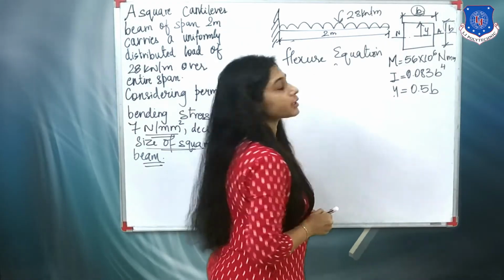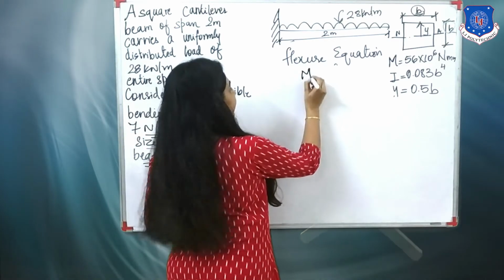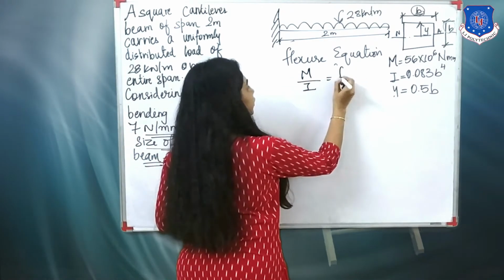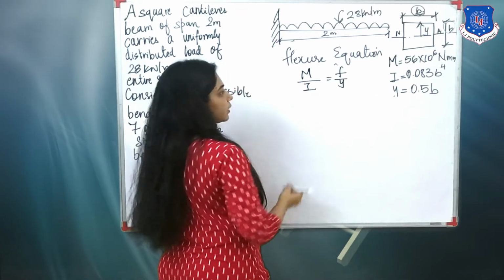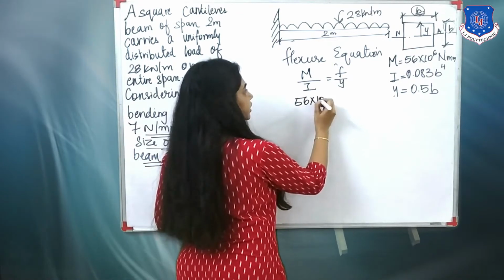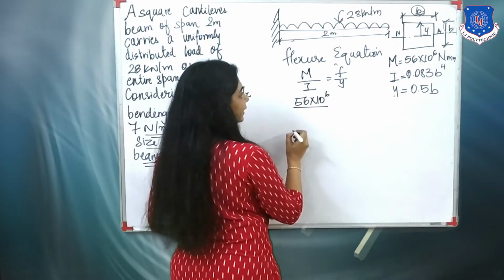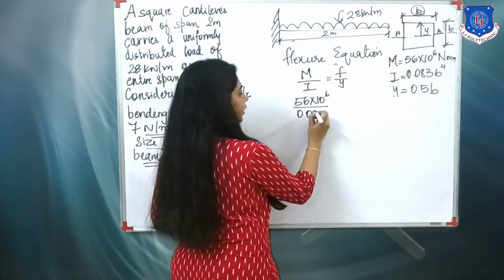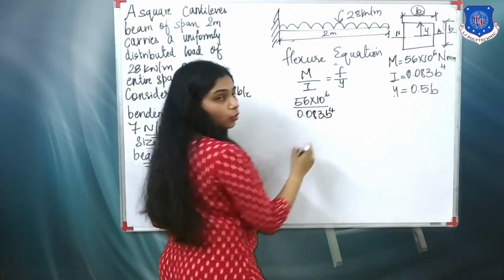Now as per flexure equation, it is M upon I equals F upon Y. Substituting the value, M is 56 into 10 raised to 6 upon I, which is 0.083 B raised to 4.